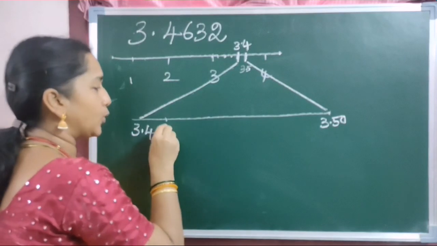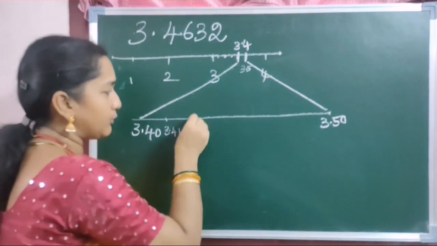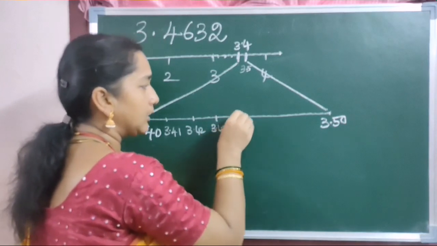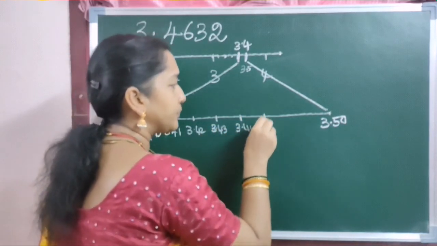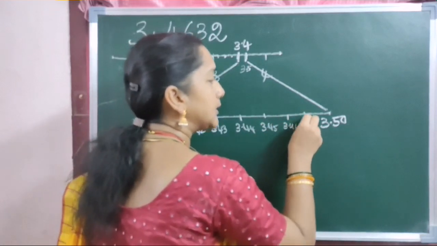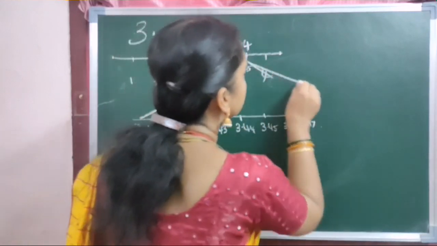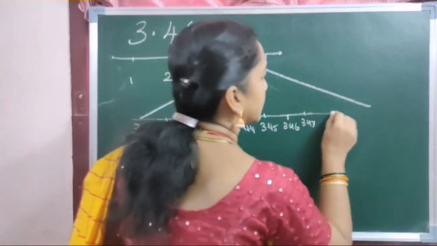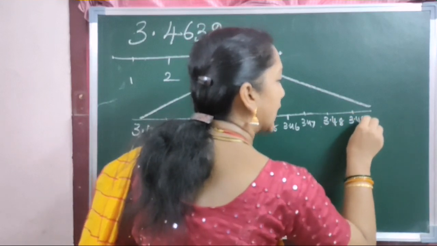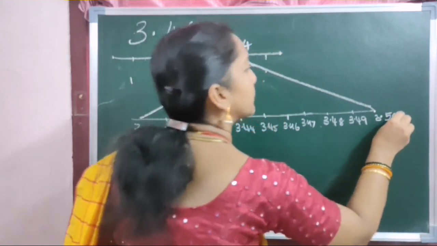So this is 3.40 first one, 3.41, 3.42, 3.43, 3.44, 3.45, 3.46, 3.47, then 3.48, 3.49 and the last point is 3.50.